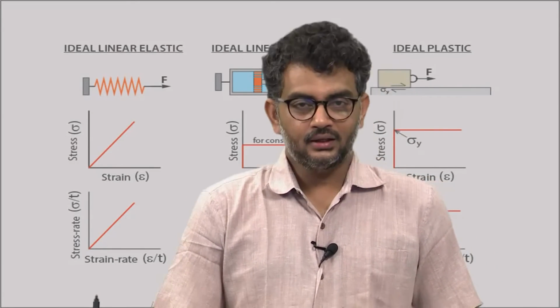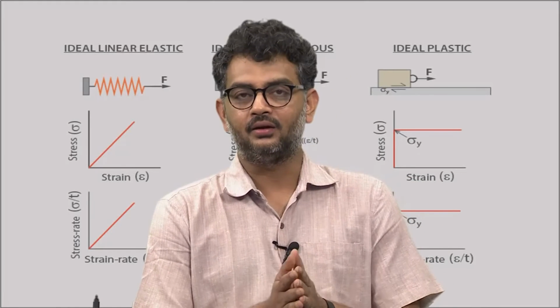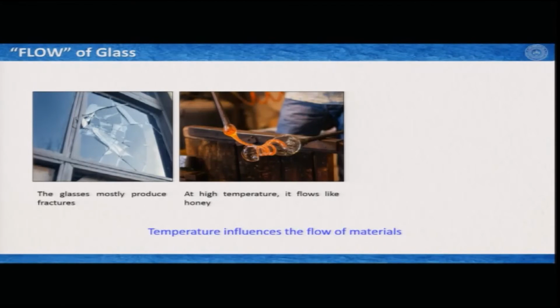But in glassware, when you elevate the glass to high temperature, then it flows like honey. As you can see, this is a jar or whatever, and then he is designing it by rolling with another glass pulp.